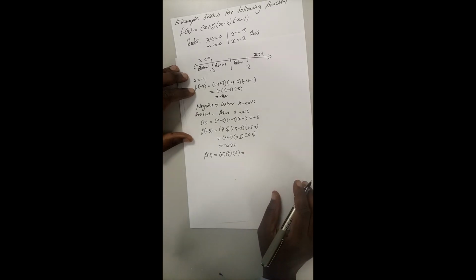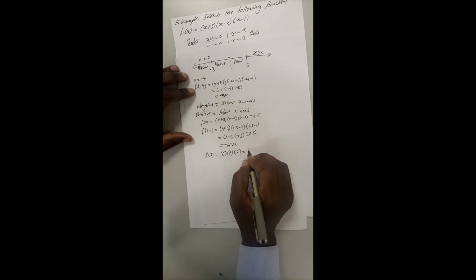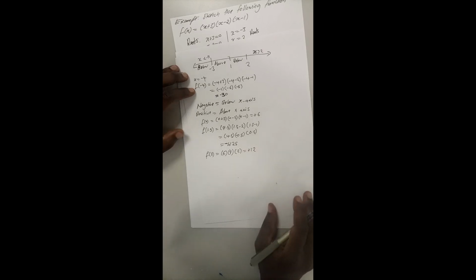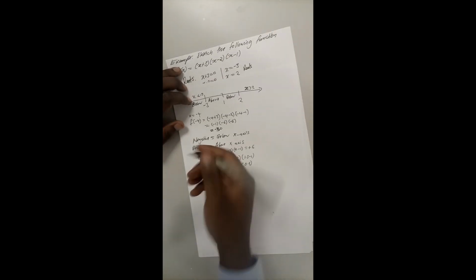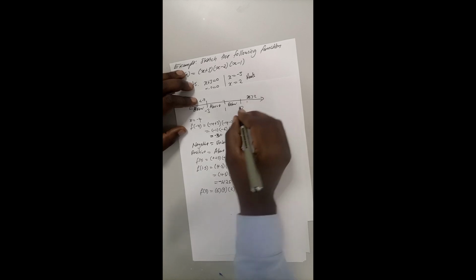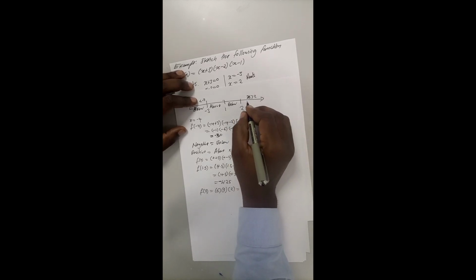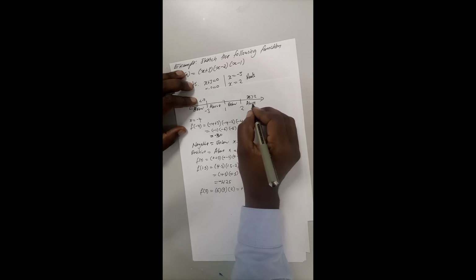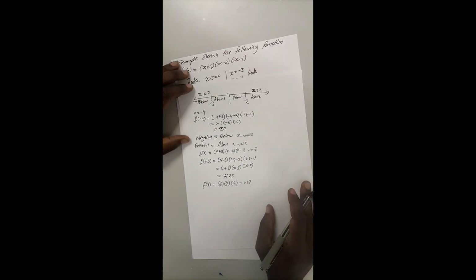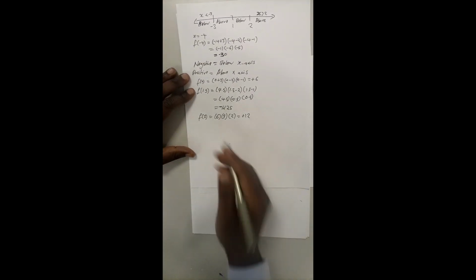Multiplying this, you're going to get positive 12. So it is positive. So from 2 going upwards, it should be above the x-axis. So the graph will be of this nature.